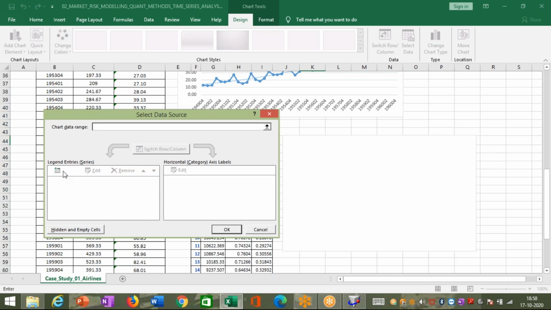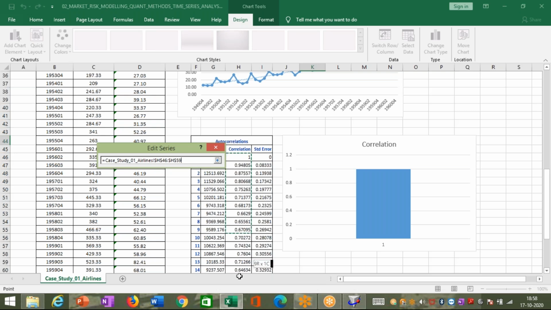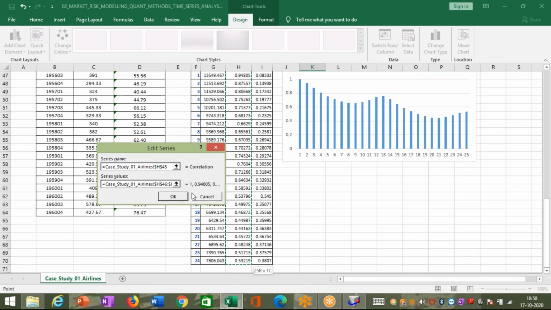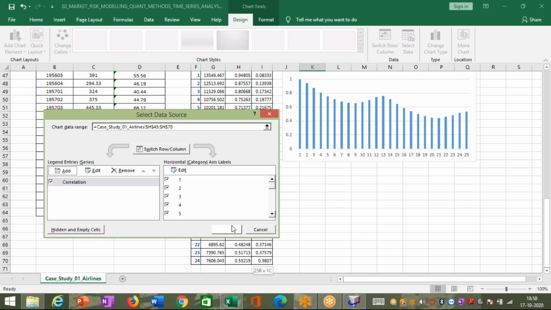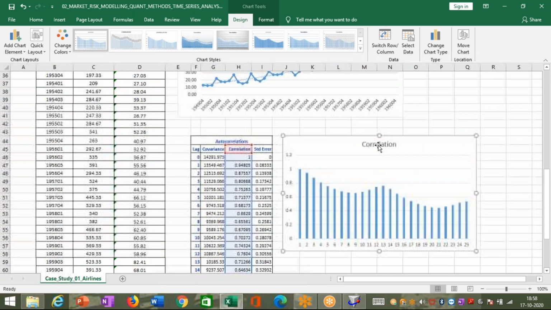So this is the autocorrelation function.